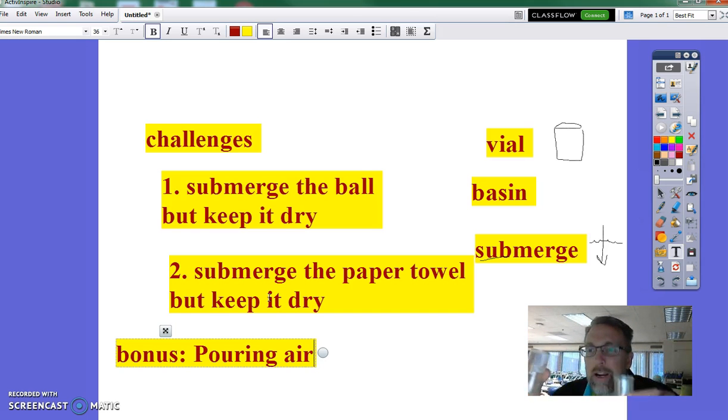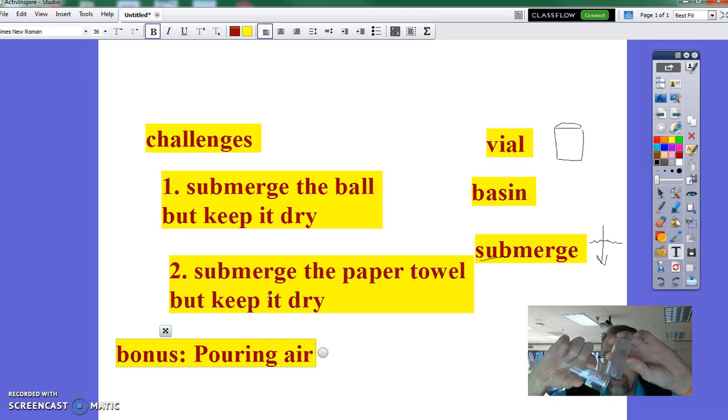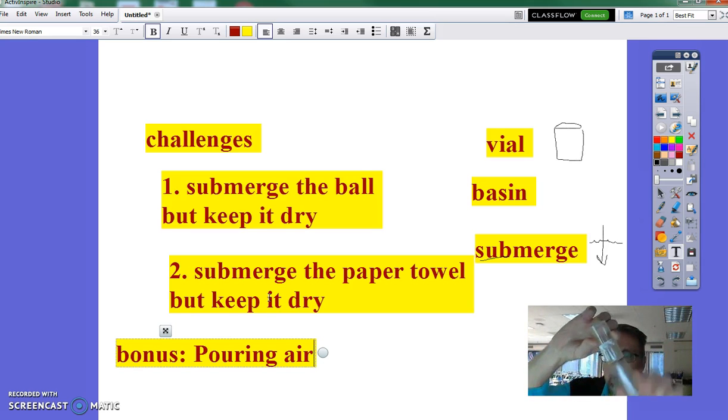Then you can pour air. Take one of the cups, hold it above the water, and fill it up with air, and the other one is filled with water. Then try to pour the air from this one into this one, and then you can pour the air into that one. It's kind of fun to do. Awesome.